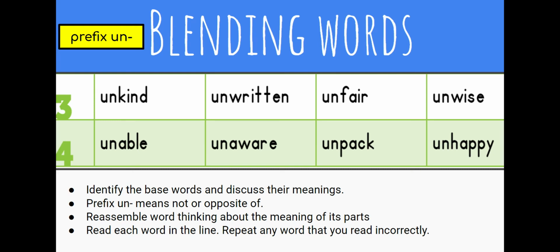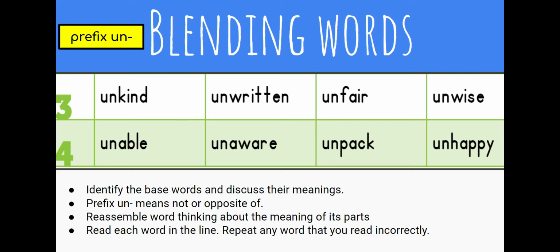So if the word kind means nice, now if I put un as a prefix at the beginning of the word kind, what does that mean? Yes. So now the new meaning is if somebody was kind, now they are the opposite of kind.